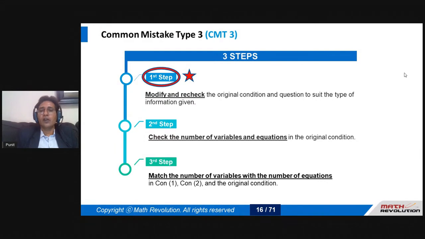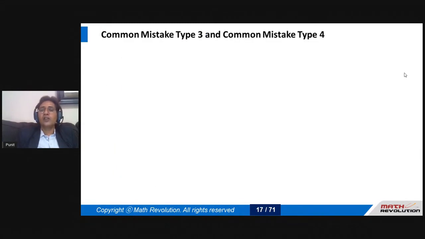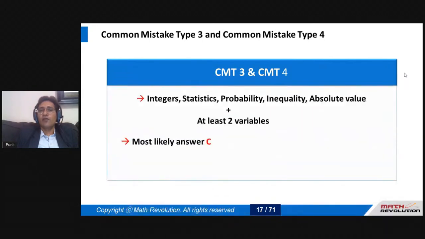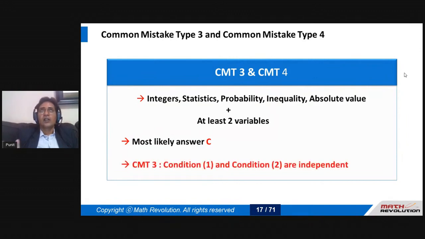Before that, we check the number of variables and equations in the second step. So what do CMT3 and CMT4 talk about? Now, always remember integers, statistics, probability, inequality, and absolute value. If these are the questions that you're getting, plus at least two variables, your most likely answer is going to be C, but that often changes at the end.